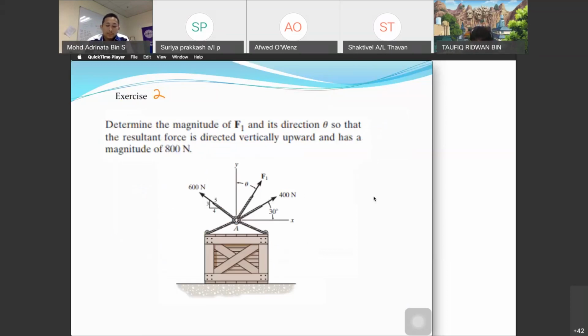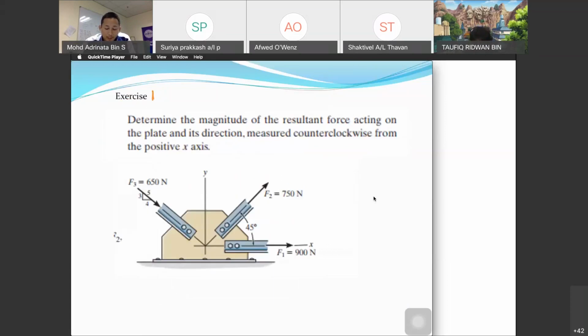Okay, so similarly, we need to break our force. We have our F1. F1 is also F1x, and F1y is 0. F2 we can break into x and y, so we have F2x and F2y using theta 45 degrees.